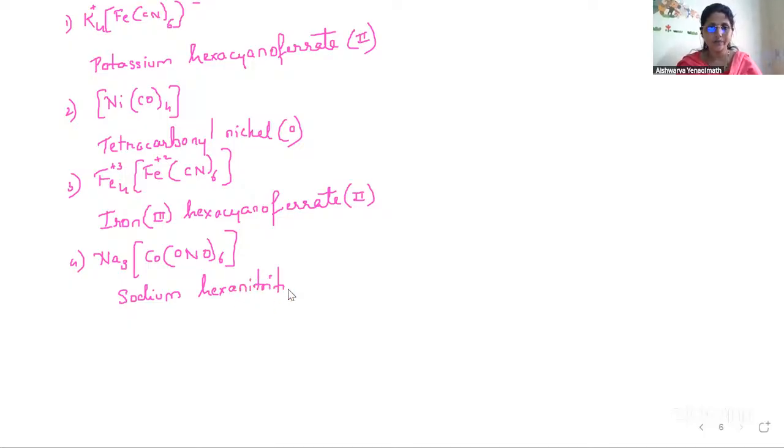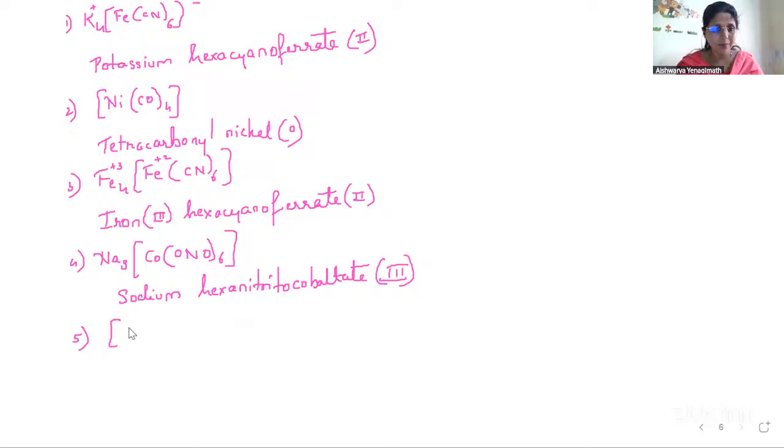Hexanitrito. Or I can write hexanitro O. If it was NO2, I would have written hexanitro N. Here it is ONO. You can write it as nitrito, which means O is being attached, or nitro O can be written. Hexanitrito cobaltate. And the oxidation number is 3. Okay, fine.